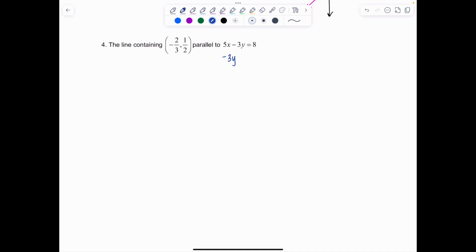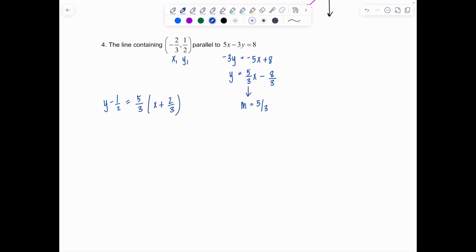So subtract over the 5x. And then now divide by negative 3, so y equals 5/3 x minus 8/3. So I can tell right now the slope is 5/3. And then here's the point x1, y1 that we're going to use for point slope form, okay? So y minus 1/2 equals m times x minus negative 2/3, which is x plus 2/3.